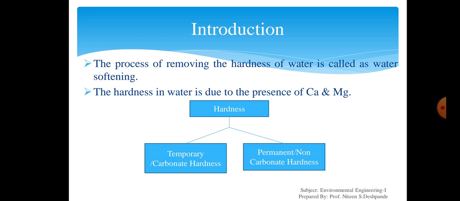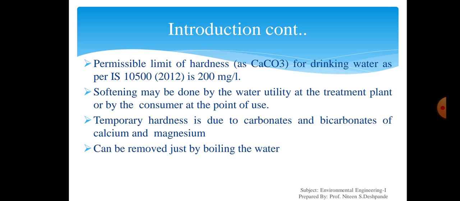The hardness in the water is due to the presence of calcium and magnesium ions. We know that there are two types of hardness: temporary hardness, which is also called carbonate hardness, and permanent hardness, which is known as non-carbonate hardness.